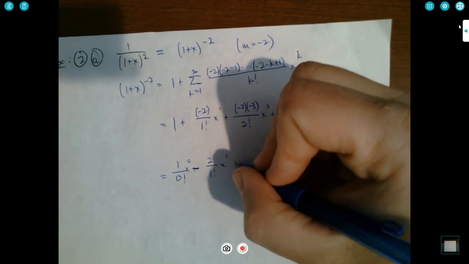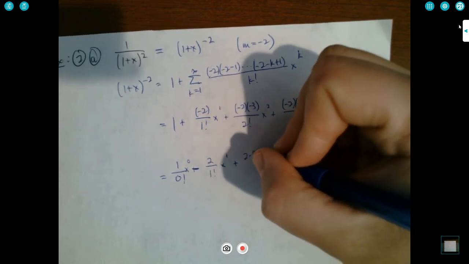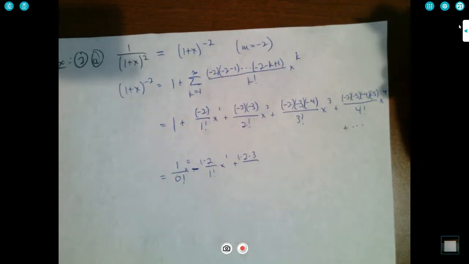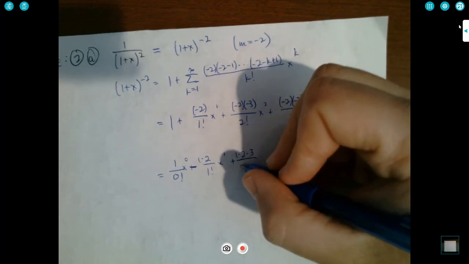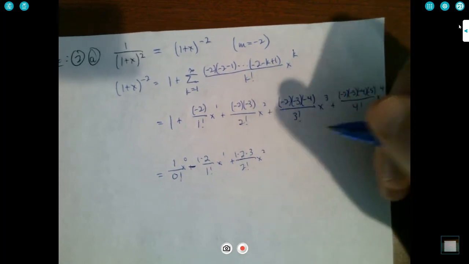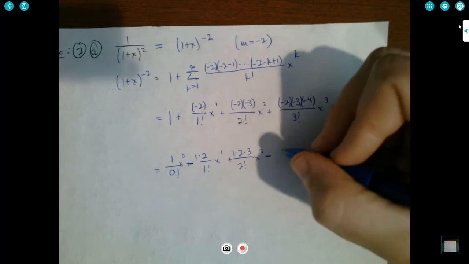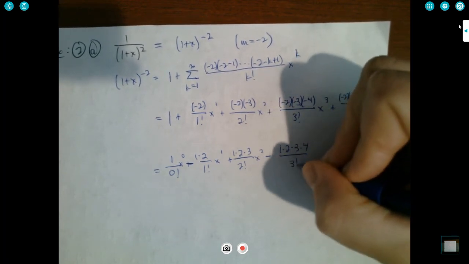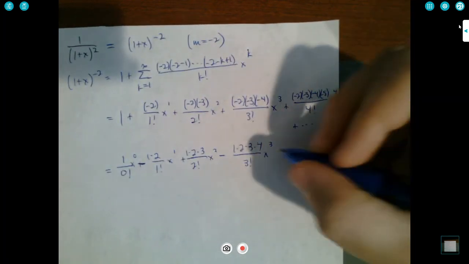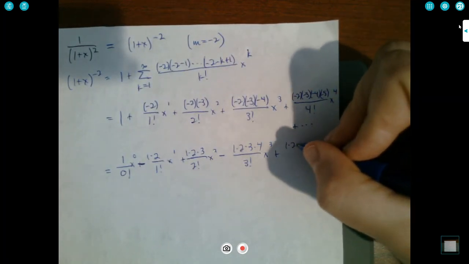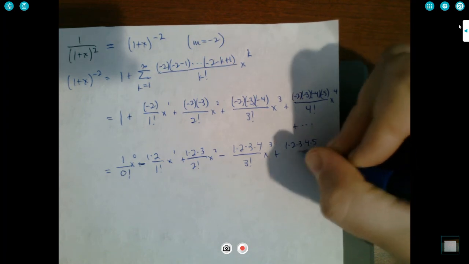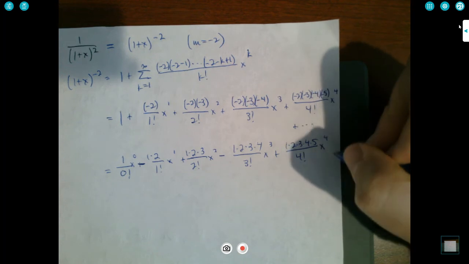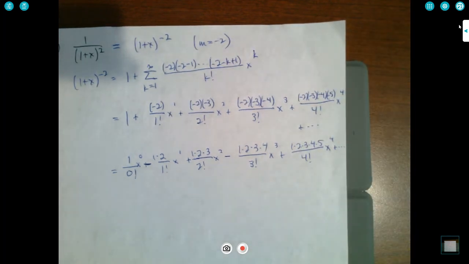Then plus 2 times 3 over 2 factorial x squared, minus 1 times 2 times 3 times 4 over 3 factorial x cubed, and then plus 1 times 2 times 3 times 4 times 5 over 4 factorial x to the 4th, and so forth.